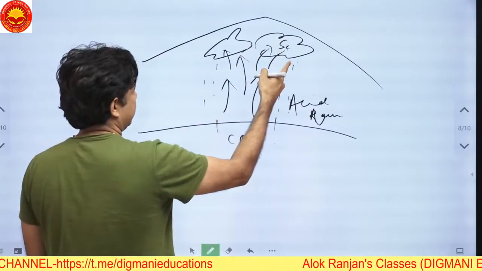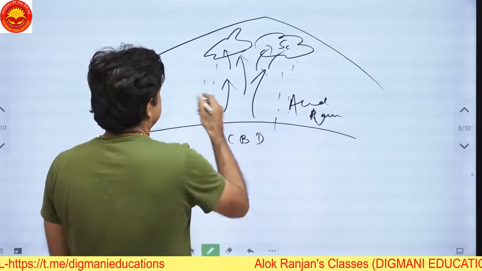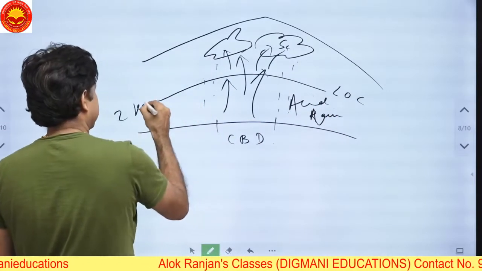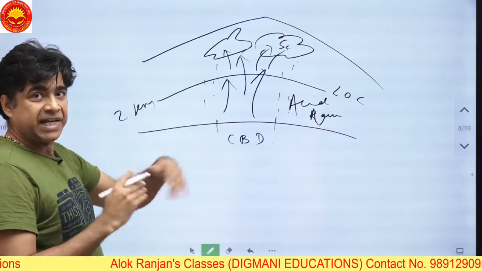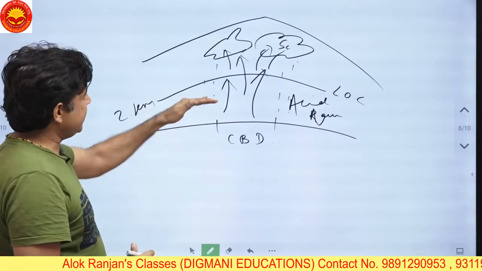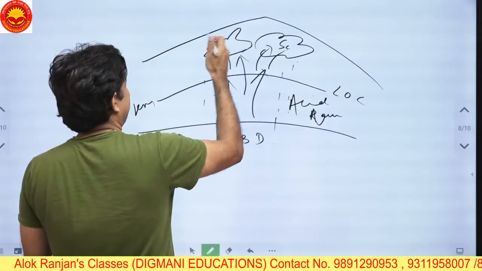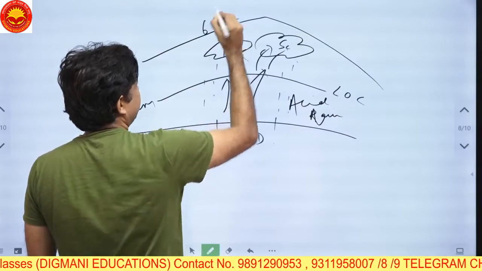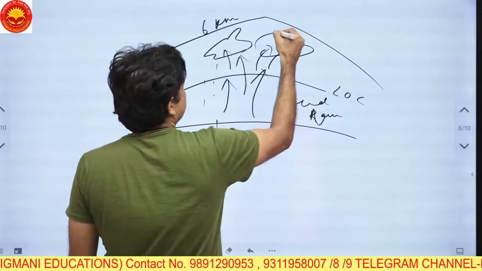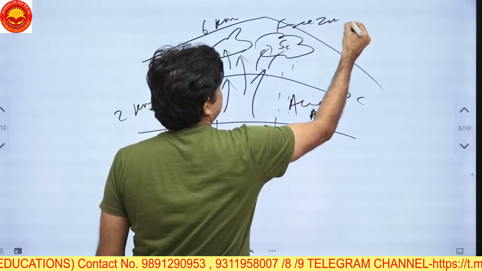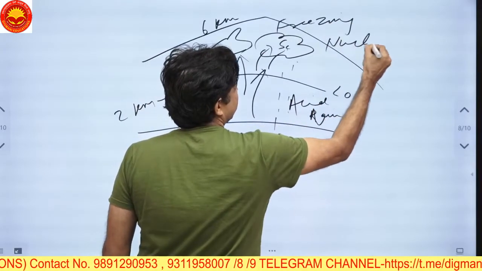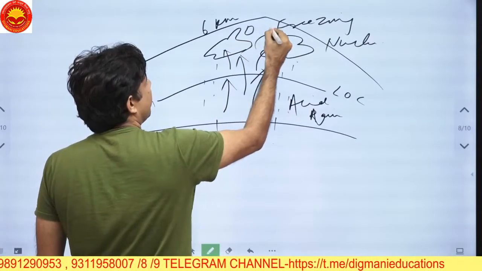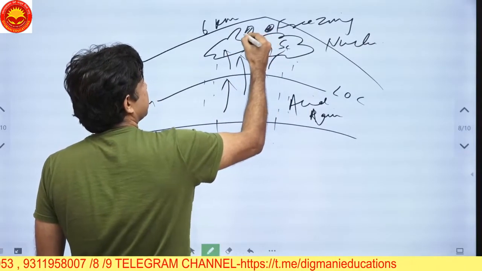Now in case the line of condensation, the line above which condensation takes place, is at 2 kilometers, and the air is still lifting, and the urban dome or the dust dome is at a height of say 6 kilometers, here you will have the freezing nuclei. And when this moist air finds freezing nuclei, it can form big hails.